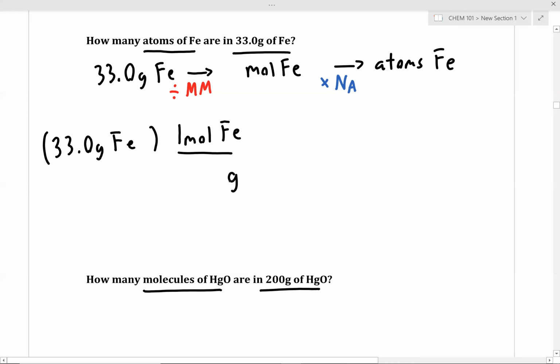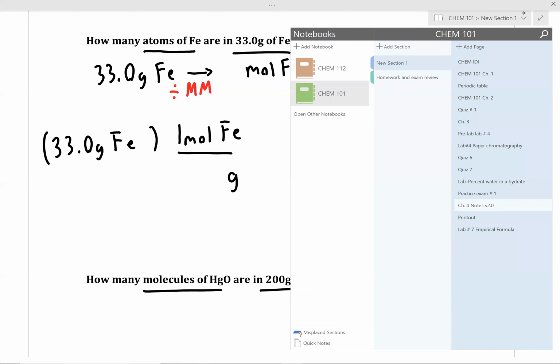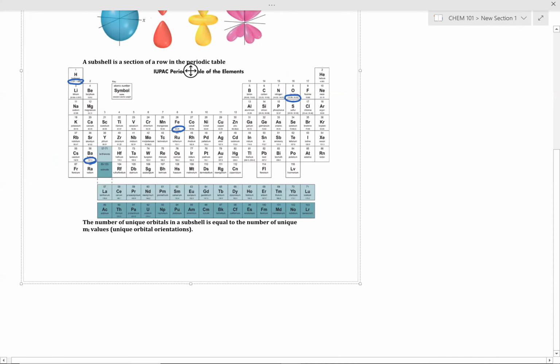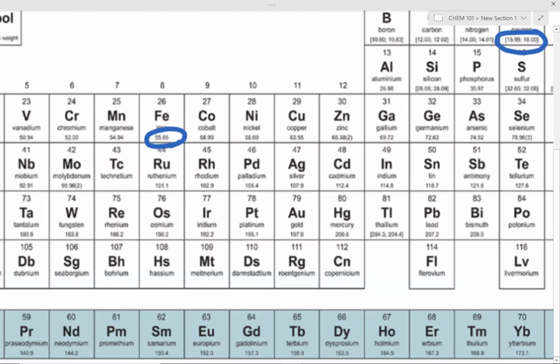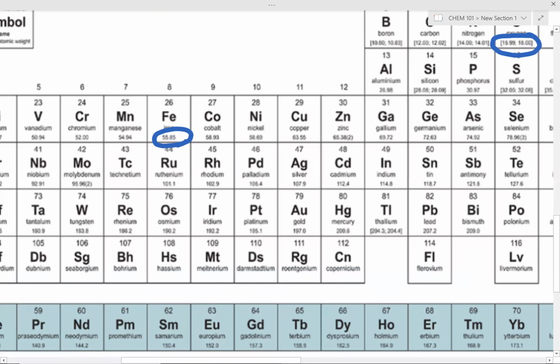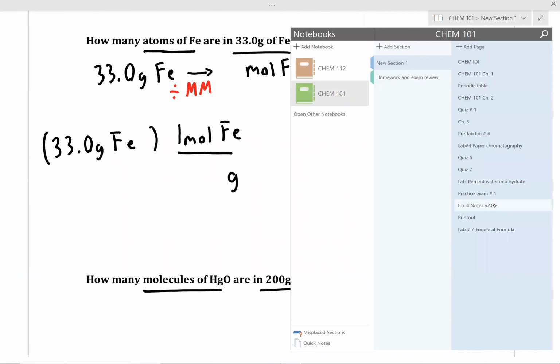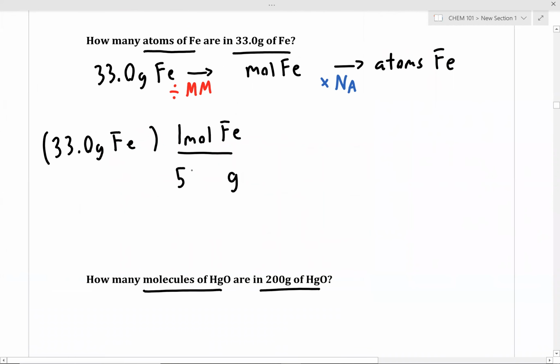Where do we get that information? Periodic table. So if we go to the periodic table and we zoom in on iron, I already have it circled since we dealt with iron previously. What is the molar mass about if you look in your own periodic table? Yep, 55.85. Okay, so we have 55.85 grams of iron in a mole of iron.